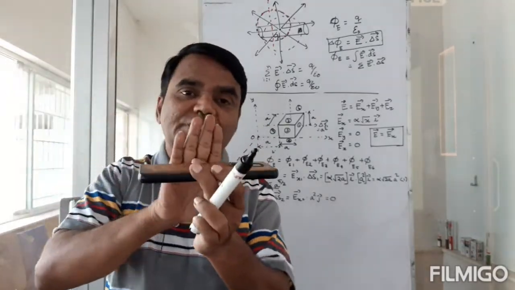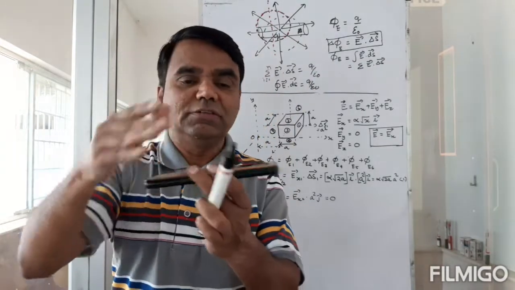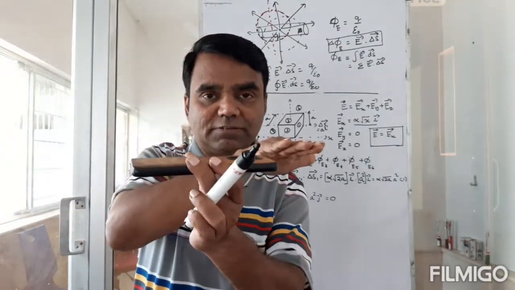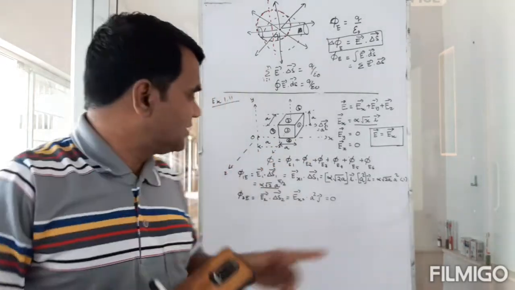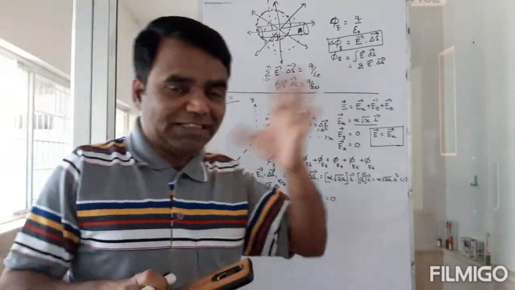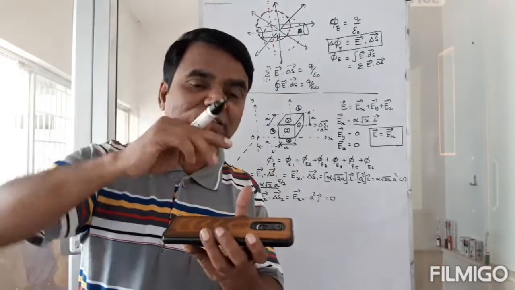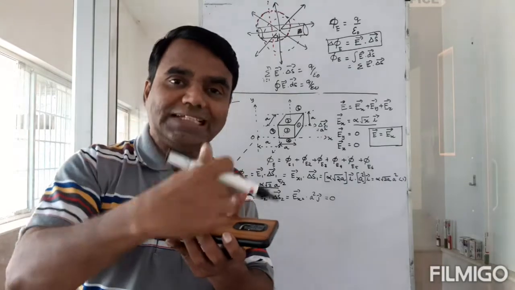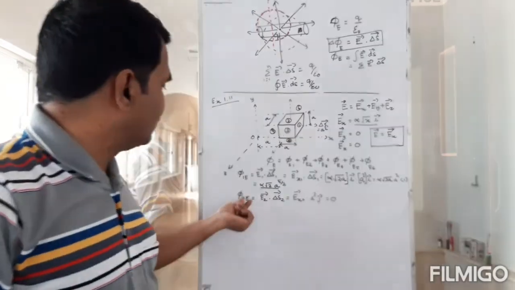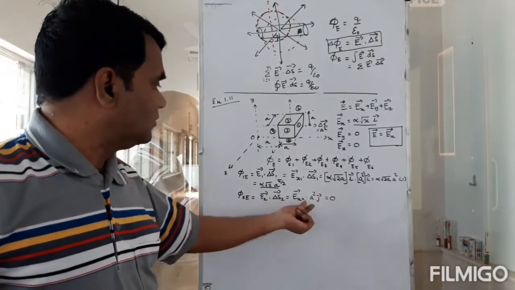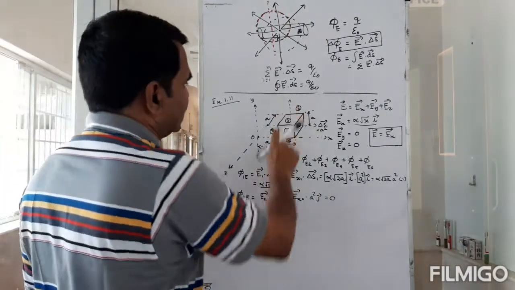There is no part of the flux which is coming out of the surface. It's only grazing through the surface. Mathematically, this vector is in this direction and this vector is in this direction. The angle between the two vectors is 90, so the dot product will always give you 0. So phi 2e is actually 0. There is no flux through this surface.